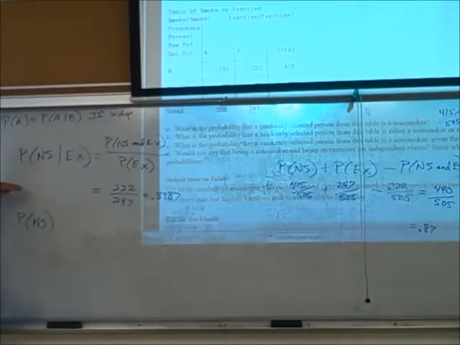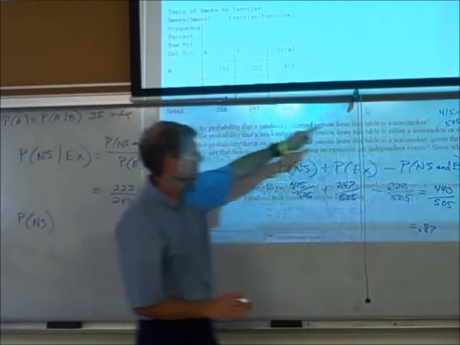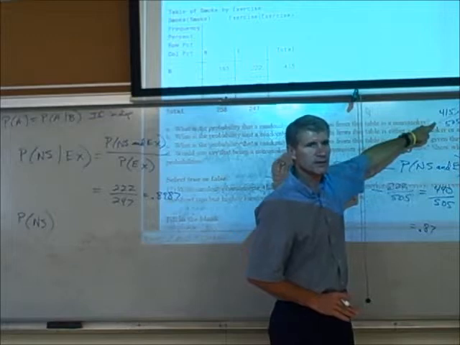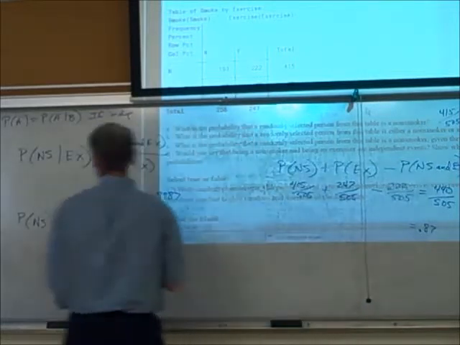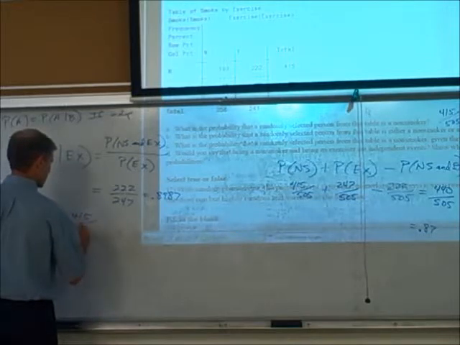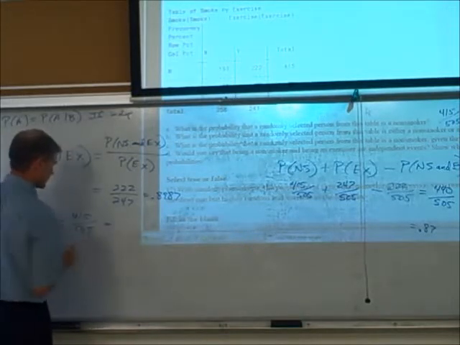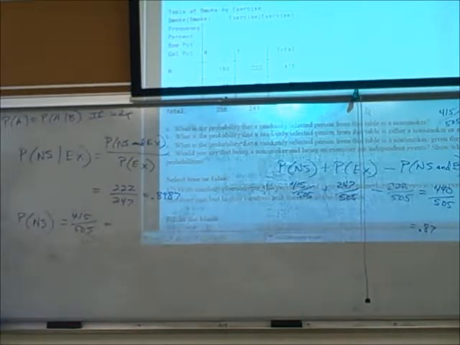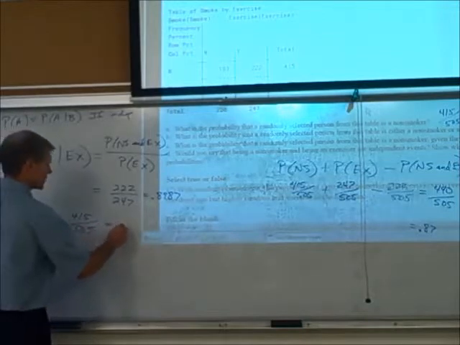Well, we've done both of these. We just did this one, and we did probability of NS right here. So that's 415 out of 505. Give me that as a decimal. 0.82. Okay.